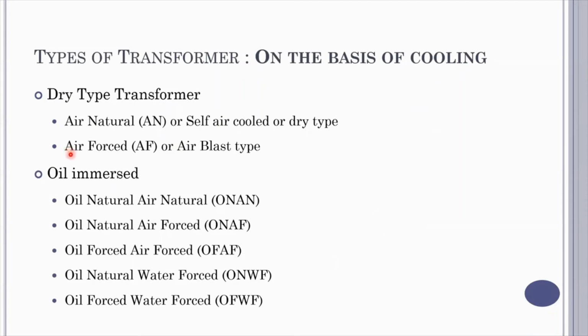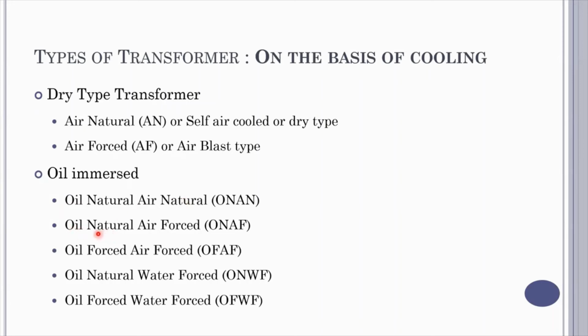And in the case of forced air, we use a blast of air, that is, air is forced towards the transformer, and that's an air forced or air blast type transformer. And then we have oil immersed, wherein we have oil natural, air natural. So both oil and air are not forced, they are just there at their natural atmospheric pressure and temperature.